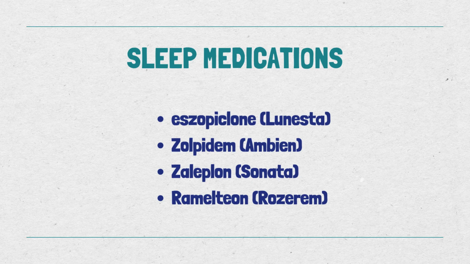The ramelteon or Rozerem, that is in a different class itself. It is a melatonin receptor agonist. So instead of taking more melatonin, it causes your body to get more use out of the melatonin that it already produces. So there are two different classes here in these sleep medications.